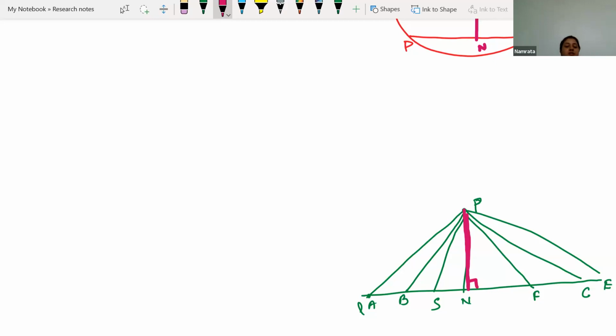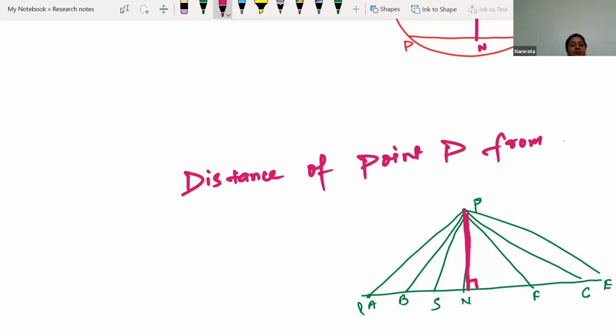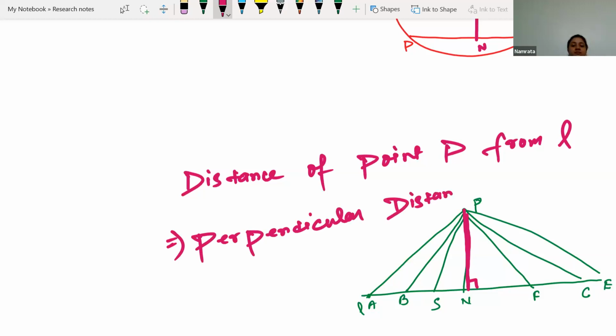So whenever it says distance of point P from line L, we will be taking the perpendicular distance of P from L. Let's say it is PN; distance PN we have to find. So whenever it is talking about the distance of a point from a line, that means perpendicular distance.